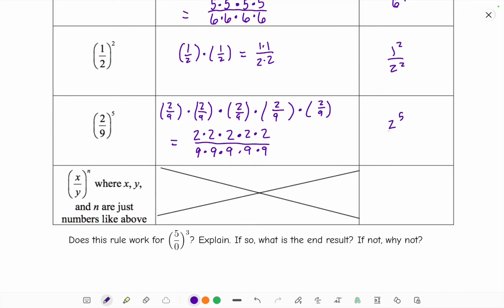So then we get 2 to the 5th over 9 to the 5th. So I'm hoping you see from the previous examples that exponents also distribute over division, not just multiplication. So (x over y) to the n power is x to the n over y to the n.